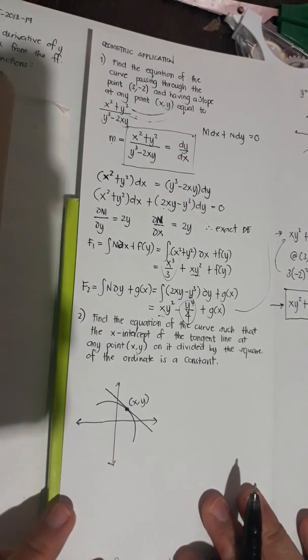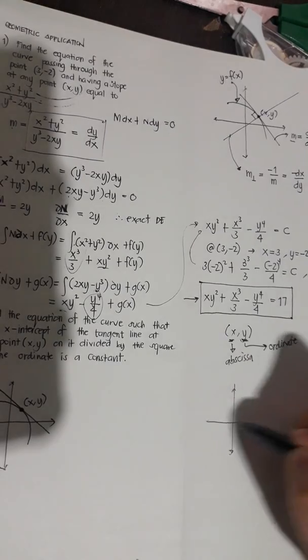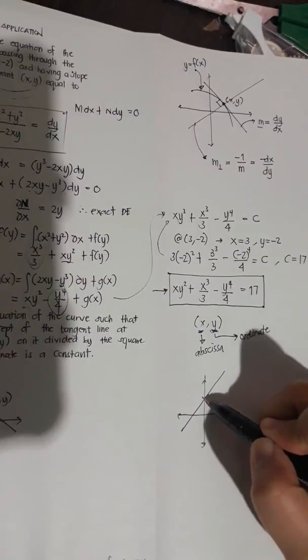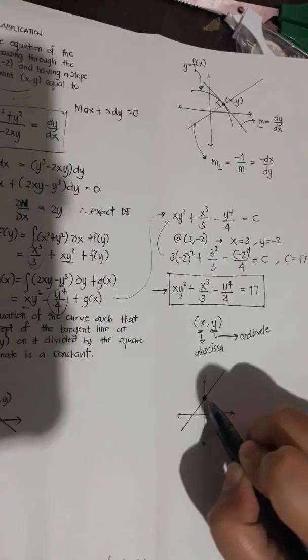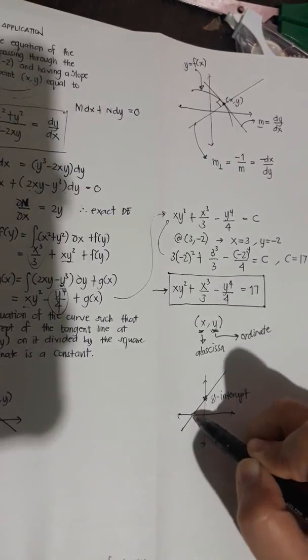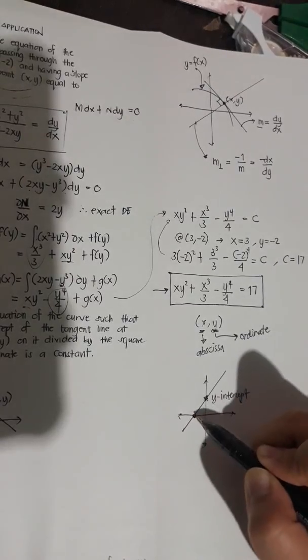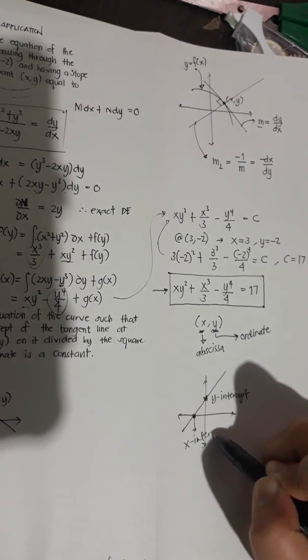It is said here that the x-intercept... By the way, if you have a certain straight line, the y-intercept is the point on the y-axis where the line intersects. So this is the y-intercept. And the x-intercept is the point where the straight line touches the x-axis. So this is what you call the x-intercept.